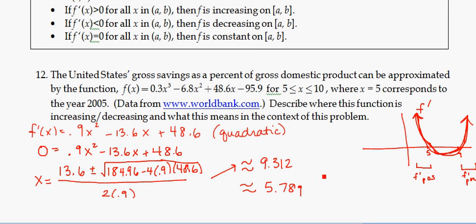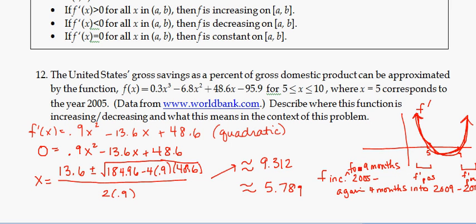So if f prime is positive, that means that f is increasing from 2005 to 2005.78, so like 3/4 of the year through 2005. So let's say f is increasing for 9 months or so in 2005, and then again it's increasing from 2009 to about 1/3 of the year, so let's say 4 months into 2009 through 2010.